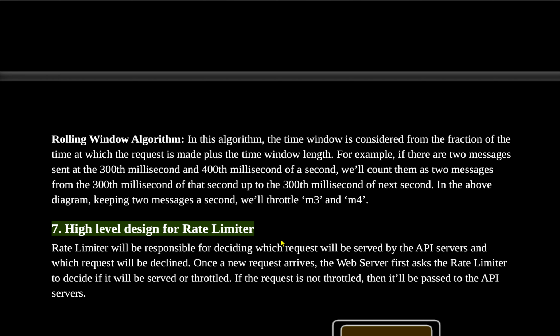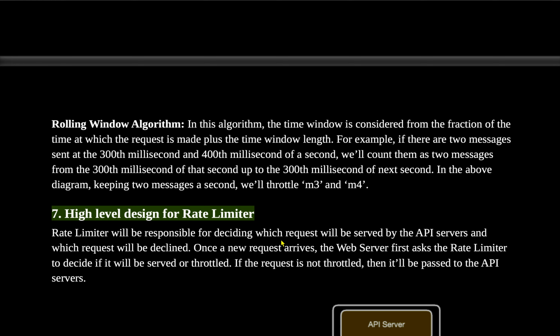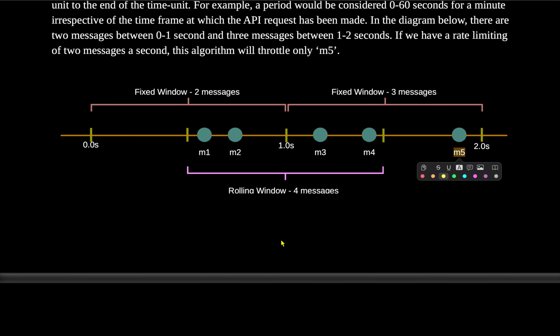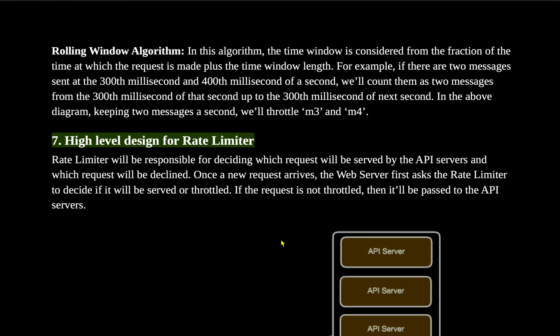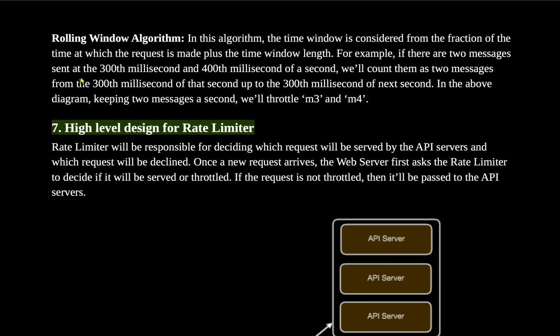Now the rolling window algorithm. In this algorithm, the time window is considered from the fraction of the time at which the request is made plus the time window length.